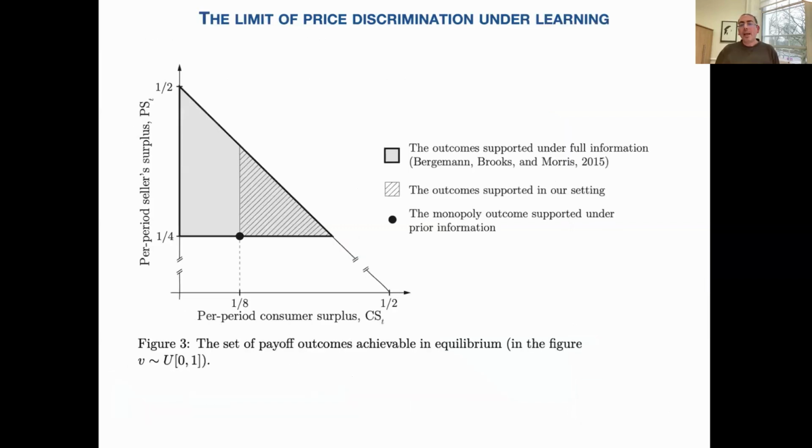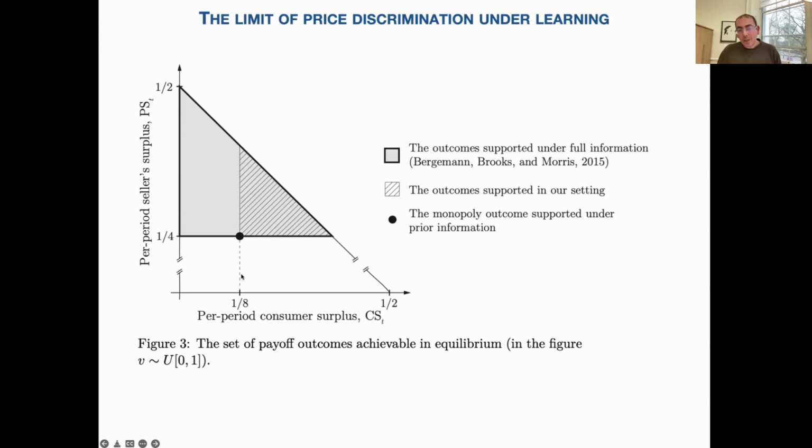Okay. So if the platform or the designer knew exactly the valuation of consumers, then we know that the surplus triangle is this one. When the platform starts without knowing the valuation of the consumer, but only knows the aggregate demand, then the surplus outcome that can be induced is the smaller triangle.